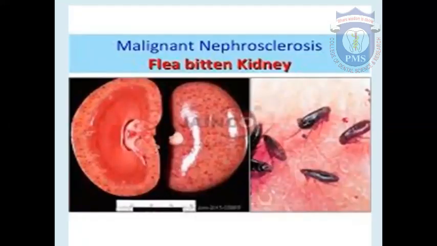This is malignant nephrosclerosis, otherwise known as flea-bitten kidney, due to the presence of small petechial hemorrhages on the surface of the kidney, giving the appearance of a flea-bitten kidney.